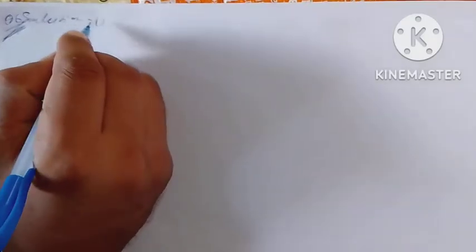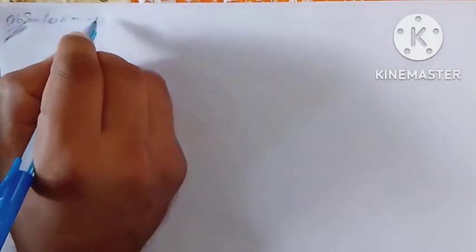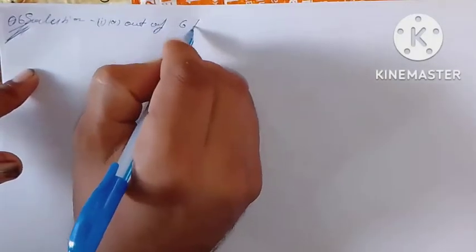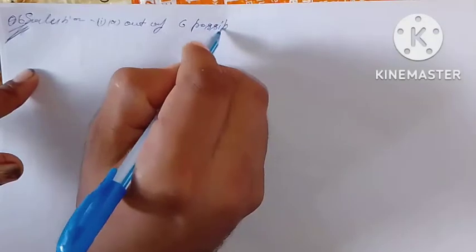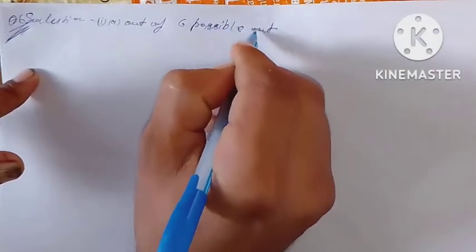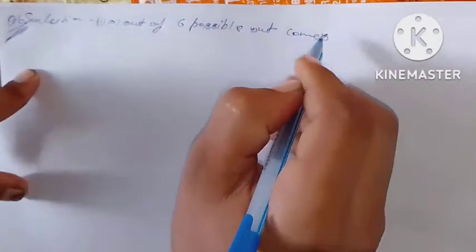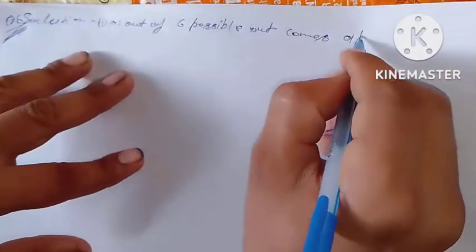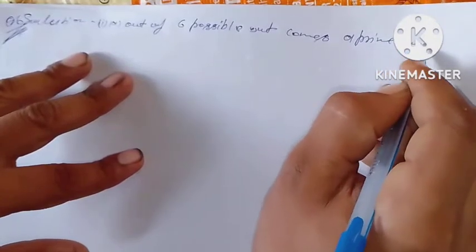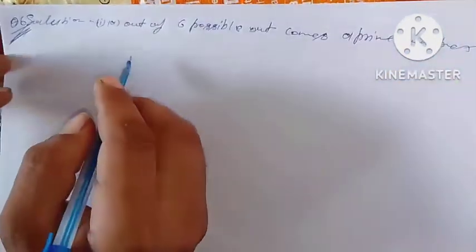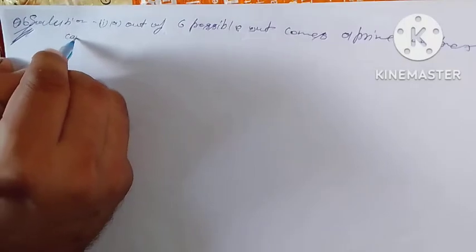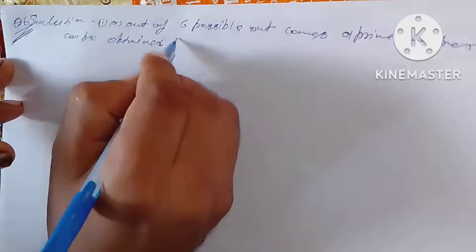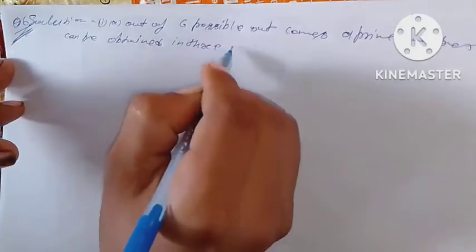First, out of 6 possible outcomes, a prime number can be obtained in 3 cases.